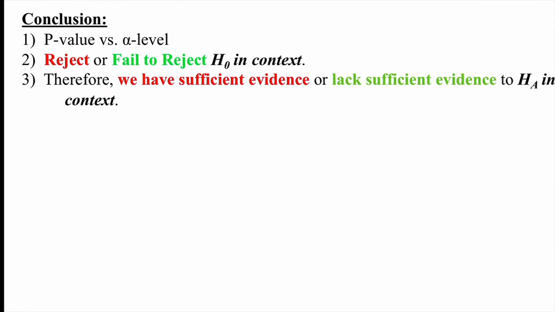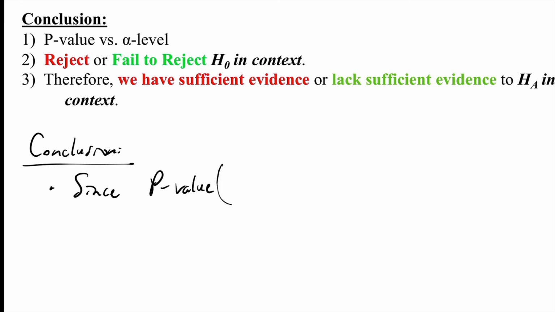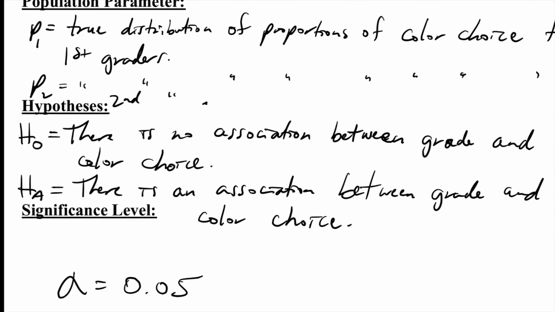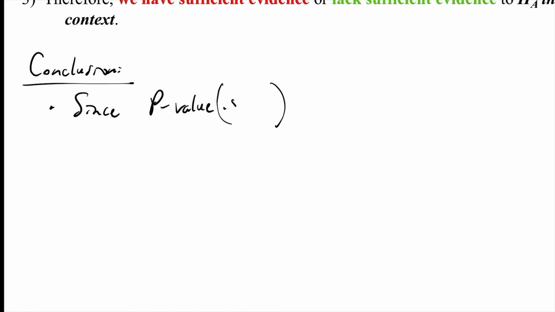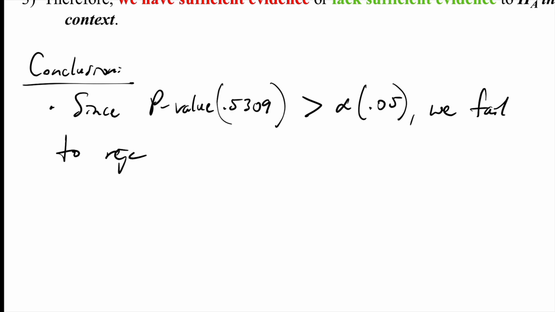All right, last part, conclusion. Okay. Since the p-value in this case was 0.5309, which is greater than alpha level, which is 0.05, we fail to reject the null hypothesis.